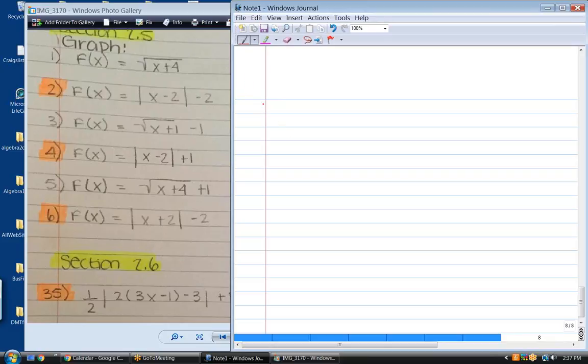What's the elementary function in 2? I'm going to write the elementary function as a little f of x, and all these are capital F of x's. That would be f of x equals the absolute value of x.